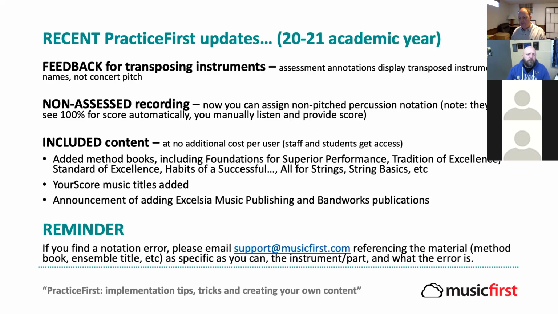All you have to do, if you find a notation error, is email our support team and reference the material where you found it. Be as specific as you can, saying, hey, you've got a B natural, it's supposed to be a B flat or whatever. Let us know so that we can alert our notation gurus and get them in there to update that so that it's live and pushed back out for everybody.